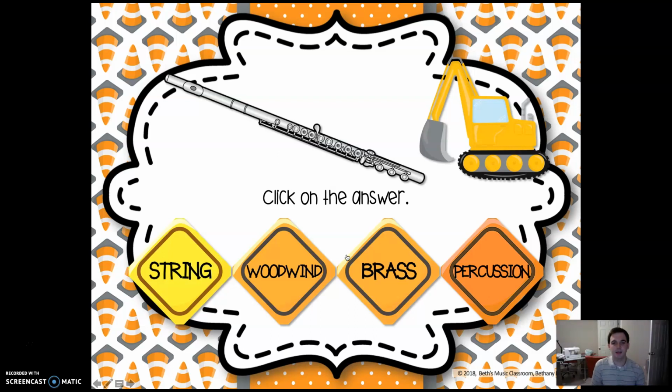So, this one looks like an instrument that we've seen before. In fact, I've played this one for you guys in class. This one, if you remember, is the flute. The flute is made out of full metal, but it does use wood on the inside to tune, and originally was made out of wood. So, what instrument family do we think that this one belongs to?